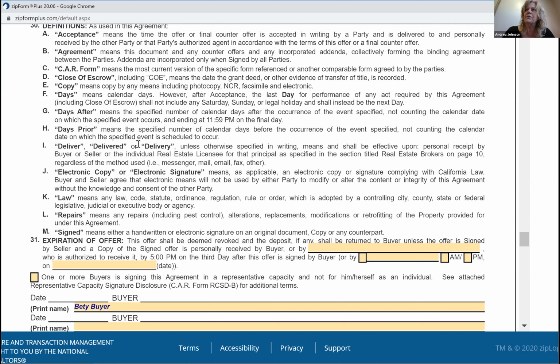Either that or get an extension of time addendum signed by all parties. Now it just says if it falls on one of those days, you were supposed to close on 30 days from close of escrow, which happens to be a Saturday, you don't have to get it closed by Friday. It's going to roll it forward to the next weekday that's a business day that's not a legal holiday. Okay.